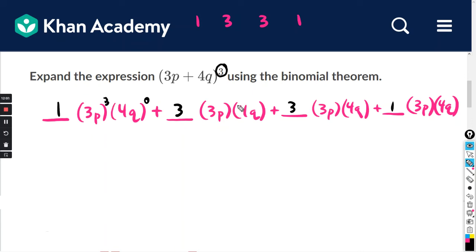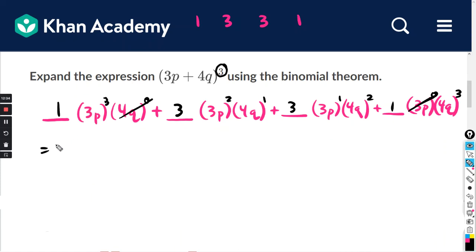This is 3, 2, 1, 0. Okay, and on the exponent for 4q, I'm just going to count up. This is 0, 1, 2, 3. Okay, now anything to the power of 0 is just 1, so we can cancel that, and we can cancel that right there. Okay, so this is 1 times 3p to the third.